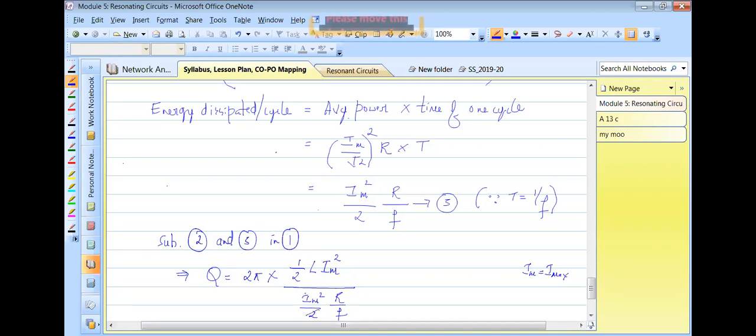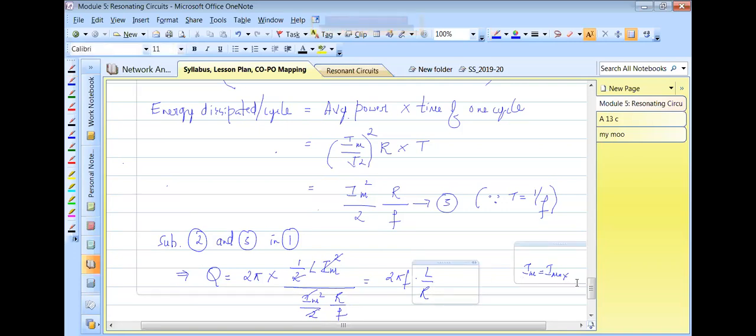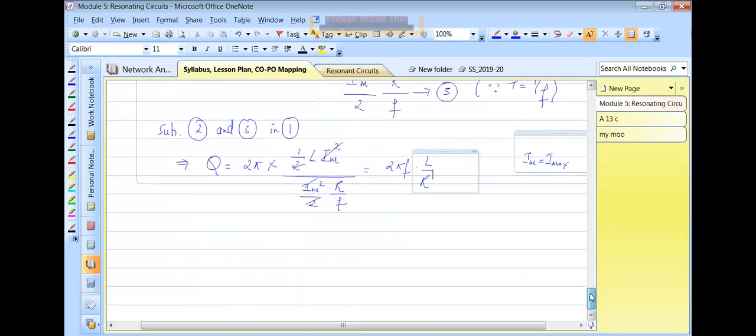What is common? The 2 and 2 go off. Im squared and Im squared go off. What are you left with? R is here, L is here, and F can be taken to the numerator. So it becomes 2 pi F into L by R. What is 2 pi F? 2 pi F is omega.